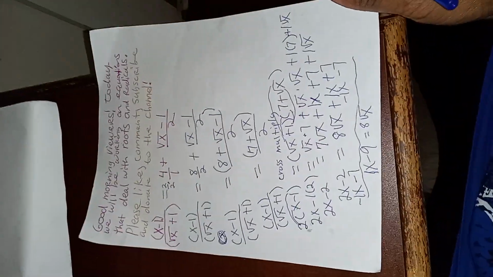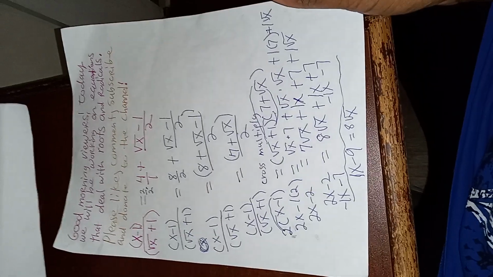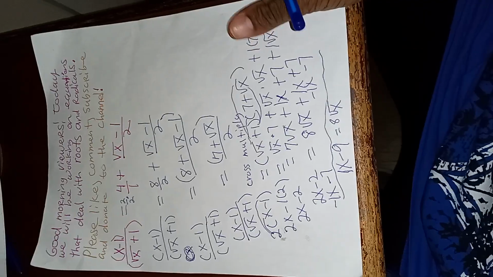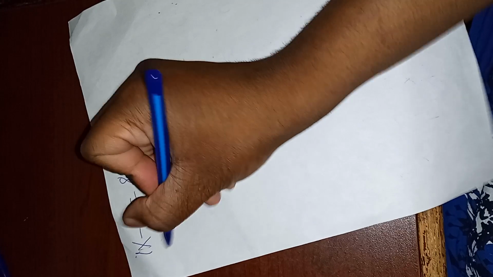So let's have that marinate there for a second. So at the end again, we have 1x minus 9 is equal to 8 square root of x. And then we want to square both sides.